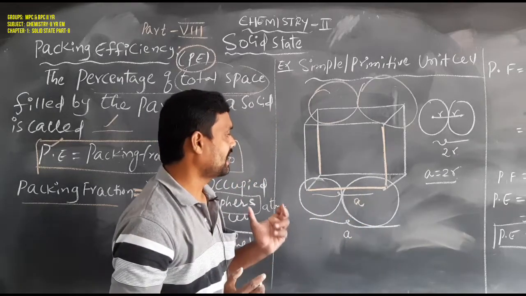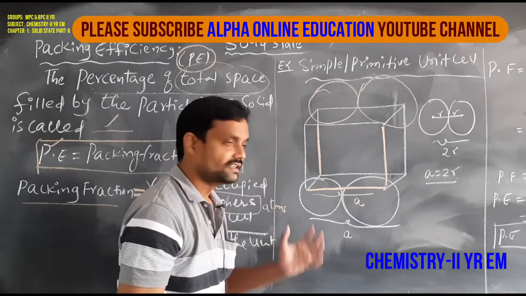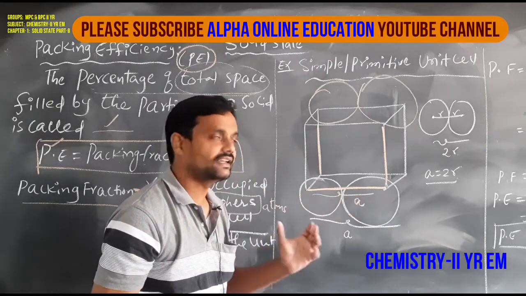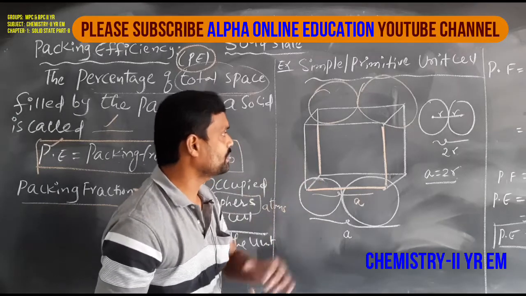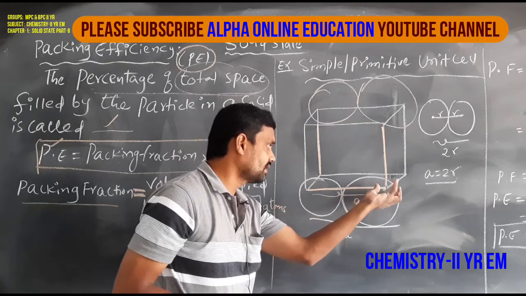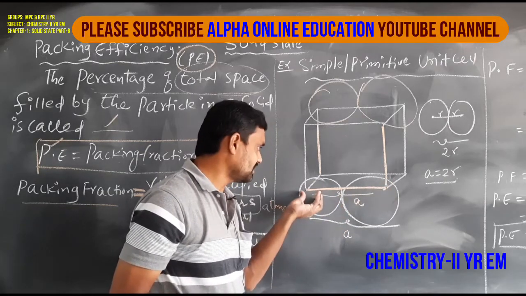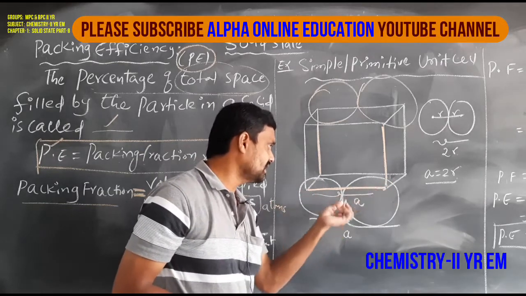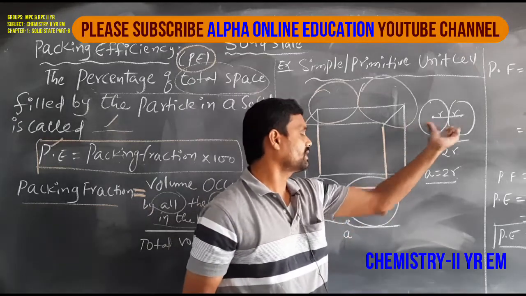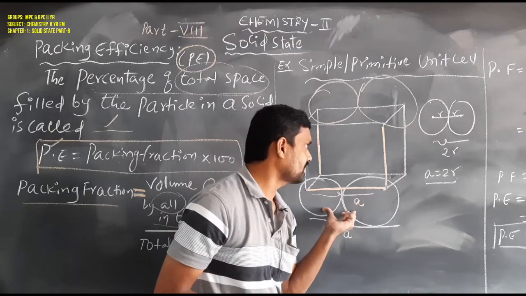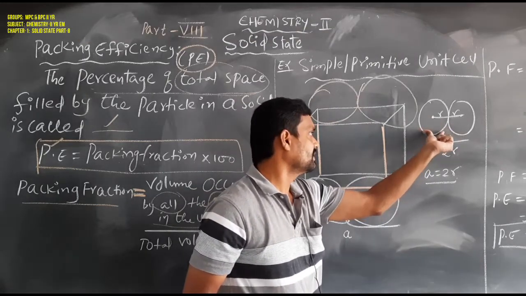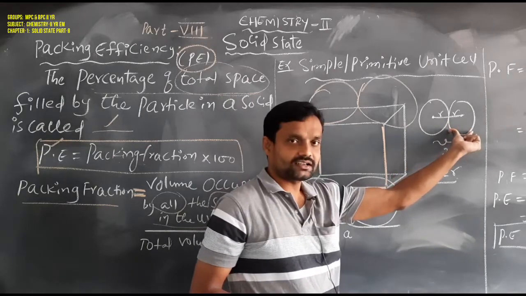So when the atoms are present at the corners, those atoms, nothing but spheres, touch each other. For example, this is the simple or primitive unit cell. Here we consider one corner atom and this is another corner atom. Here the edge length is taken as a. For understanding purposes, these two atoms are drawn separated. This is one corner atom, this is another corner atom.